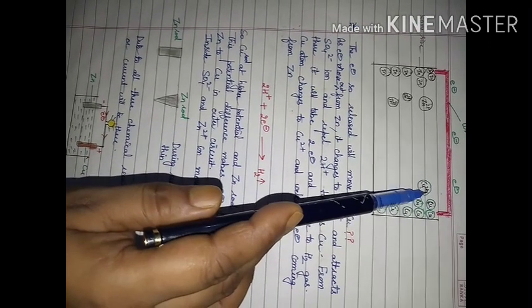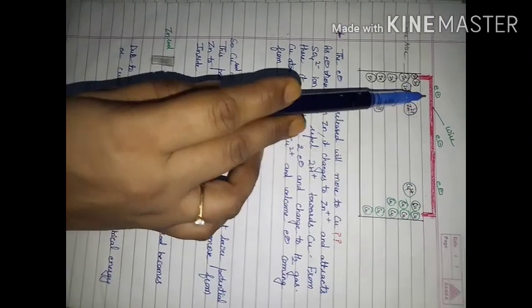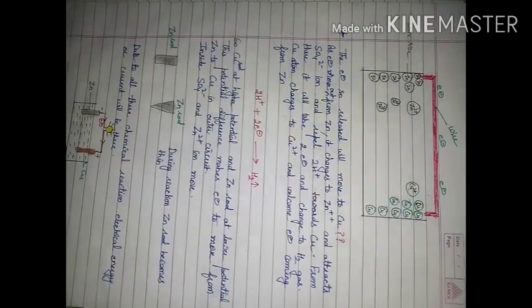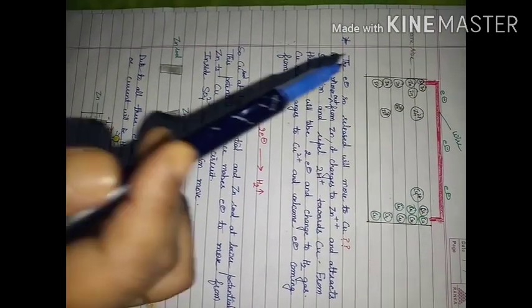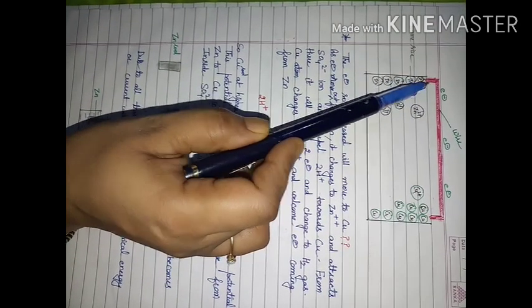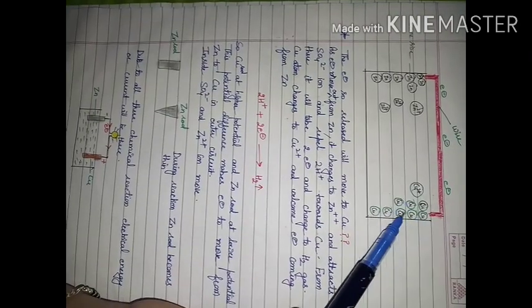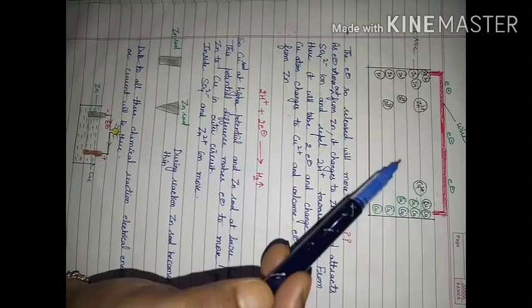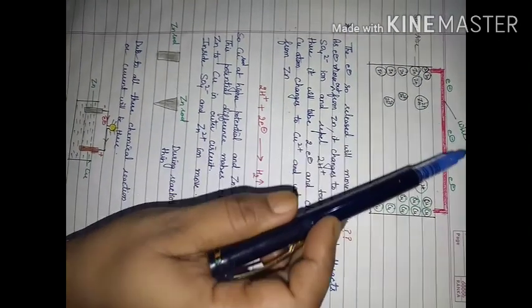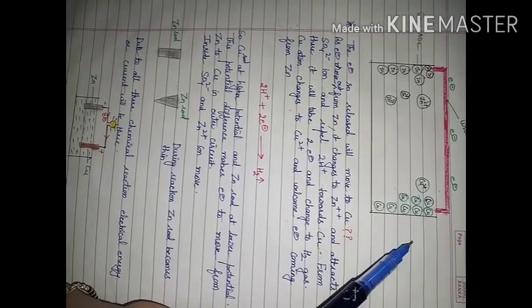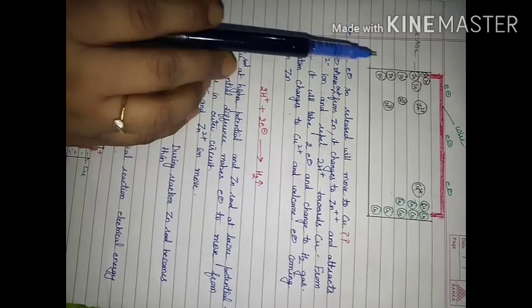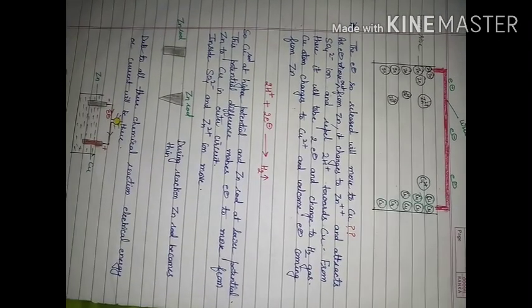Now this positive charge will make electrons shift towards this side. So this zinc rod is at a lower potential, and this will be at a higher potential, and electrons will move from lower potential to higher potential because of the potential difference between the zinc rod and the copper rod.